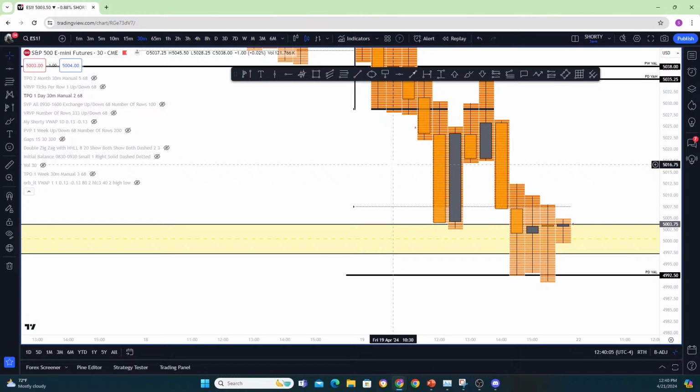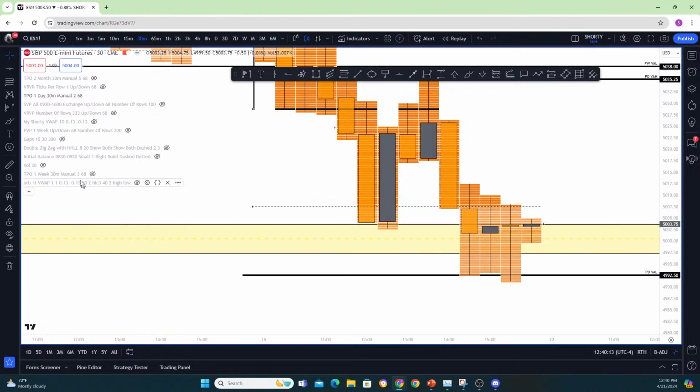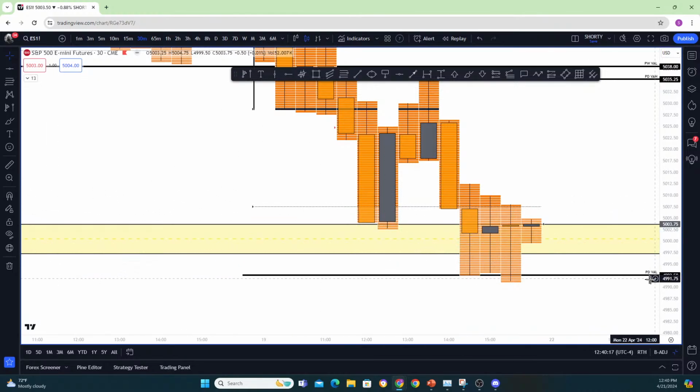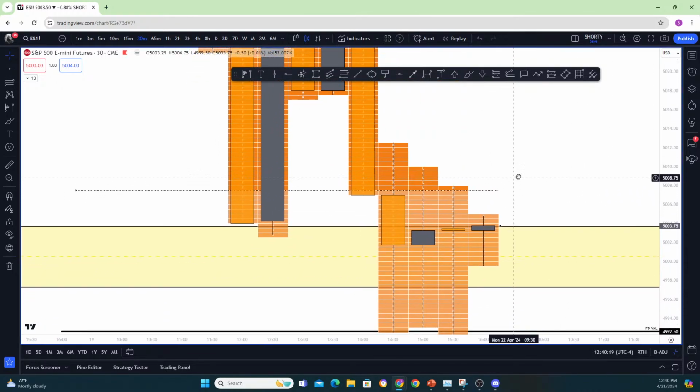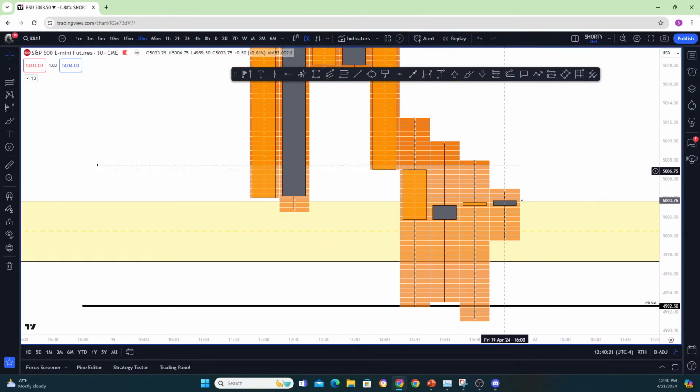You have to start putting the plans together, even write it down on a notepad. I have a little notepad where I put a level: do not short below this, or don't go long above or below this level, right? You have to start putting some steps together and executing those plans in terms of how you structure the daily plan.